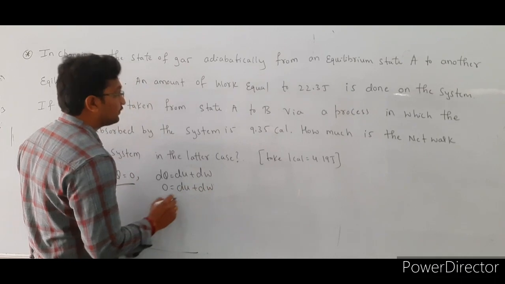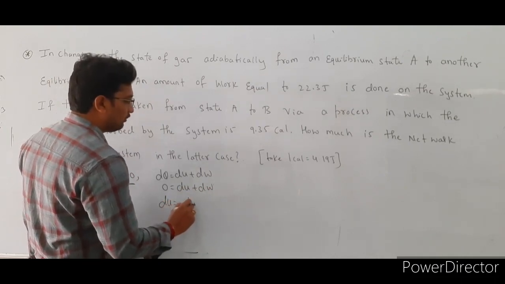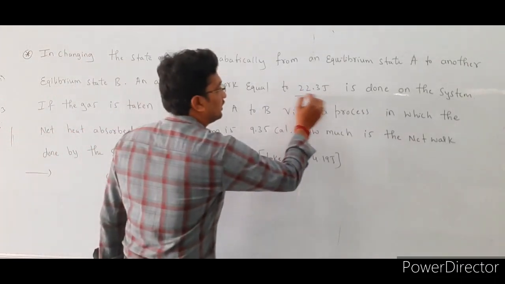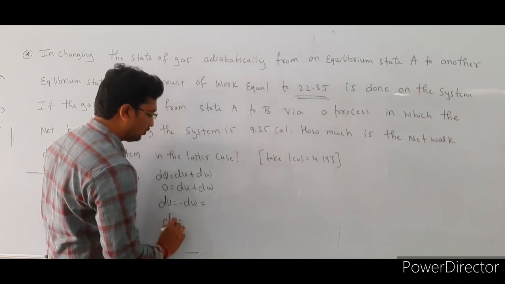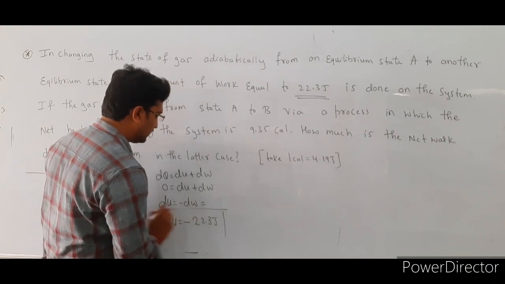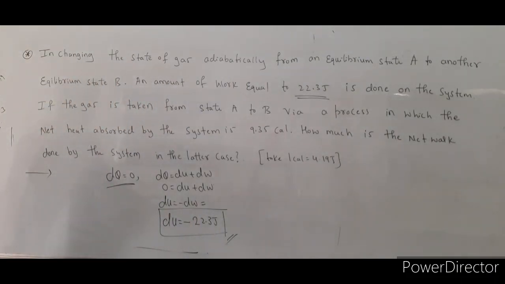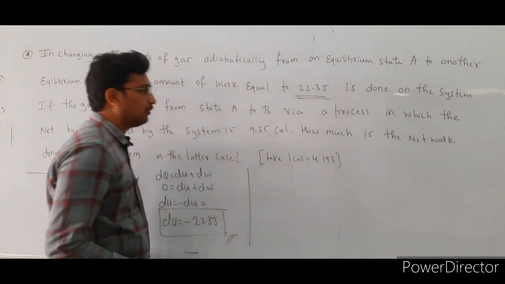So from this, du is equal to minus dw. Here they are given the work done, that is 22.3 joules. So then du is equal to minus 22.3 joules. This is the internal energy. In the next case we are going to find out the amount of work done.